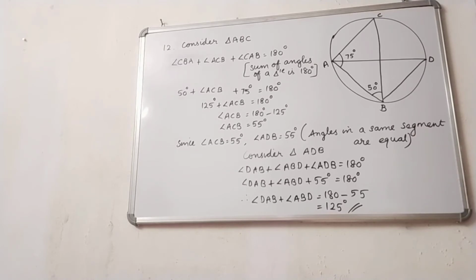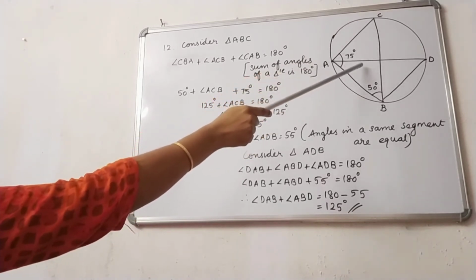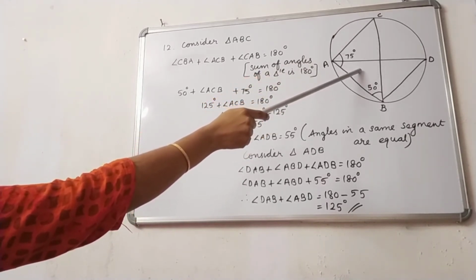Next question. Question number 12. Given angle CAB is equal to 75 degree and angle CBA is equal to 50 degree. Find the value of angle DAB plus angle ABD. So consider triangle ABC. Sum of angles of a triangle is equal to 180 degree.